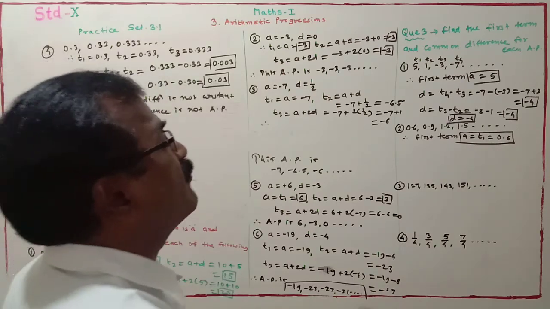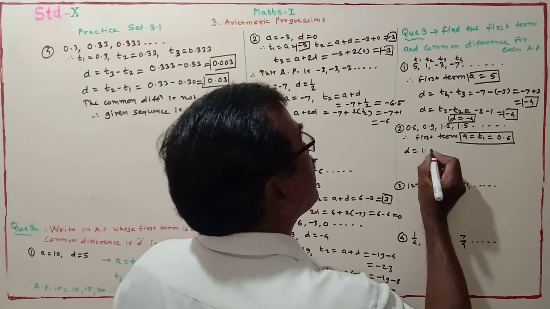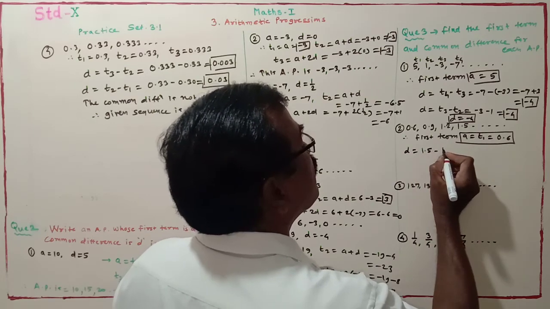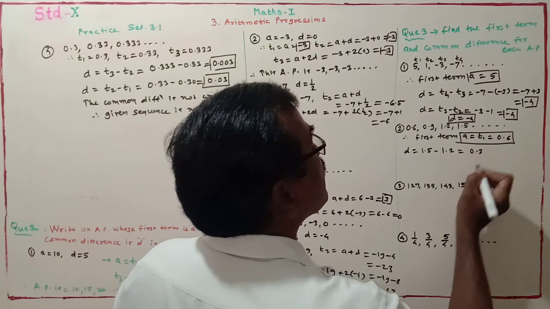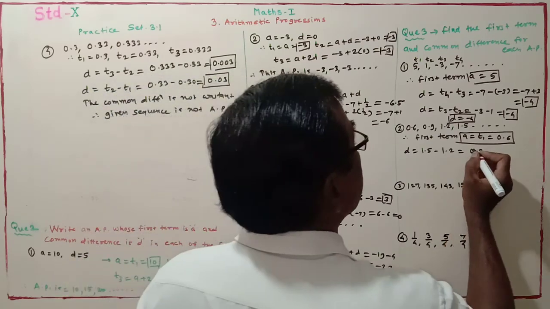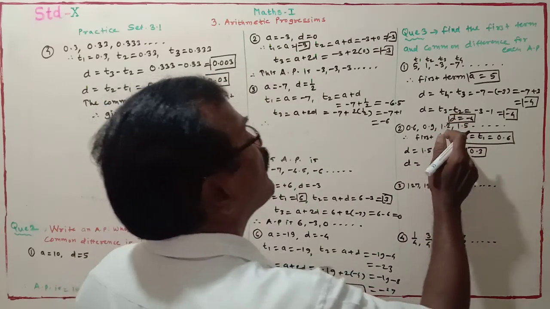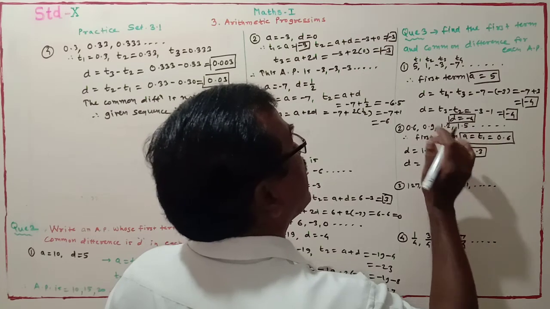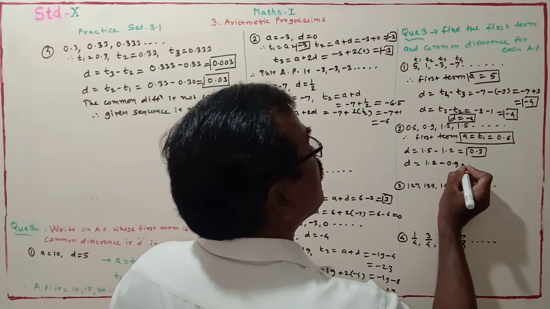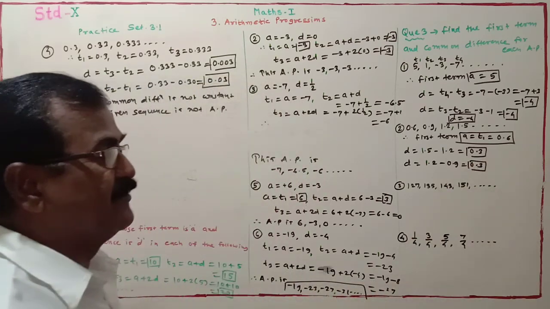Common difference D is equal to 1.5 minus 1.2 is 0.3. This is common difference. D is equal to 1.2 means T3 minus T2, 0.9 is 0.3. This is common difference.